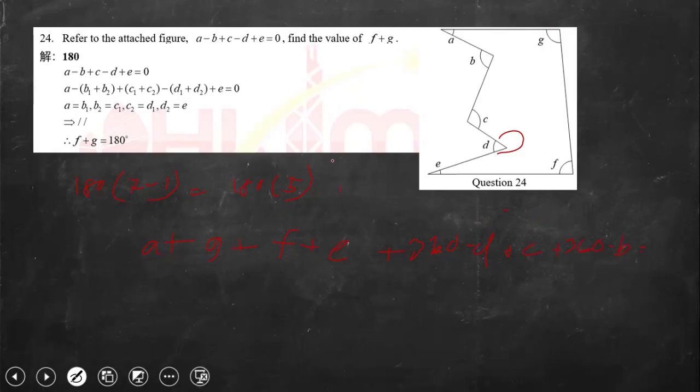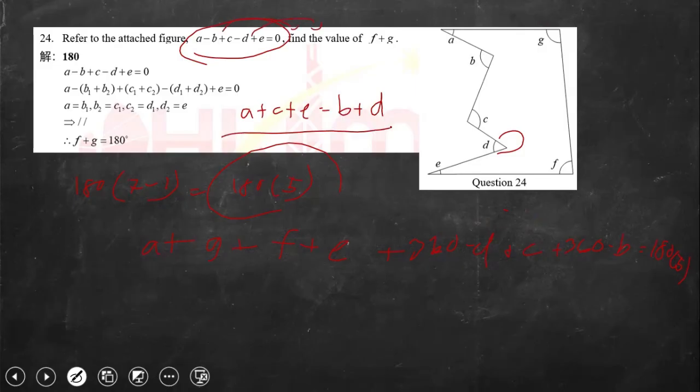It's equal to this value, 180 times 5. So we also have the given, and if we manipulate it a little bit, we have A plus C plus E is equal to B plus D. Okay, I transpose B and D here. So we can just plug this value here to replace A, C, and E.